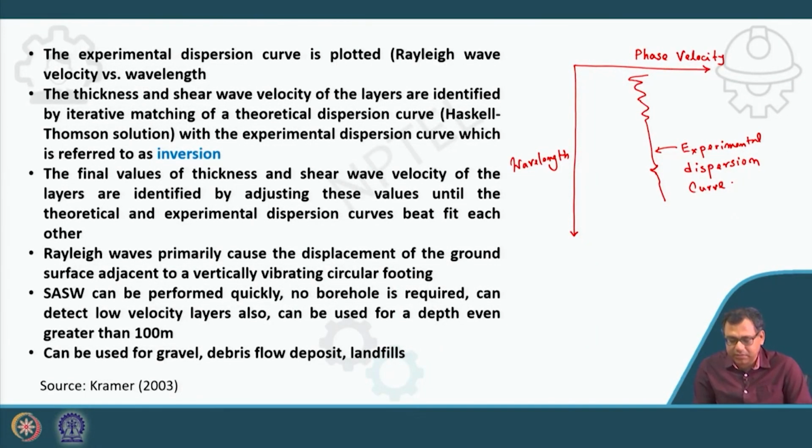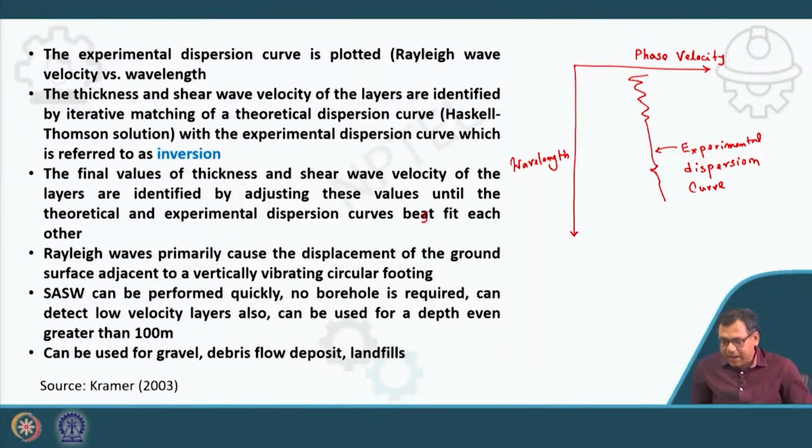of thickness and shear wave velocity of the layers are identified by adjusting these values until the theoretical and the experimental dispersion curves best fit each other. Okay, this is best fit, or fit each other.